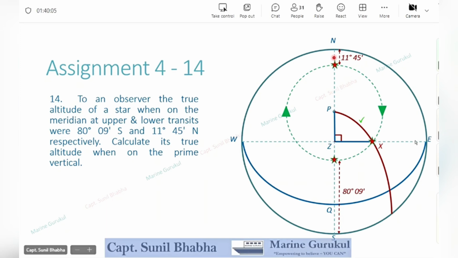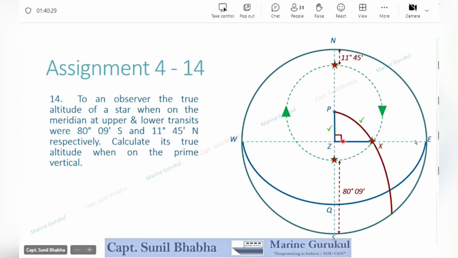Once NP is obtained, we can also find PZ. PZ is the colat, 90 minus latitude or 90 minus NP. So you see in this triangle PZX, the polar distance of the star is known to us. The colat, which is PZ, is also known to us. It's a special spherical triangle.